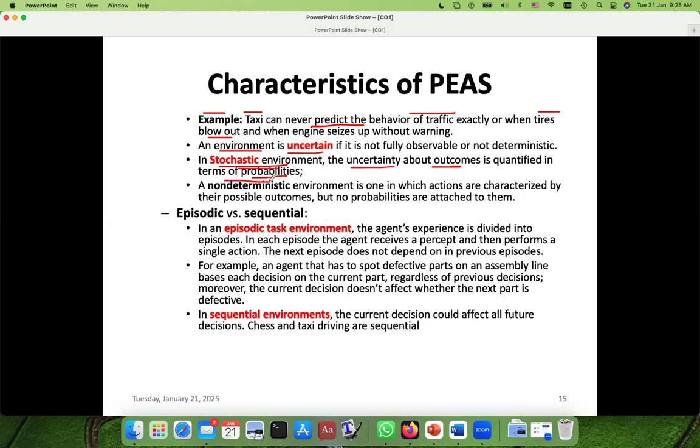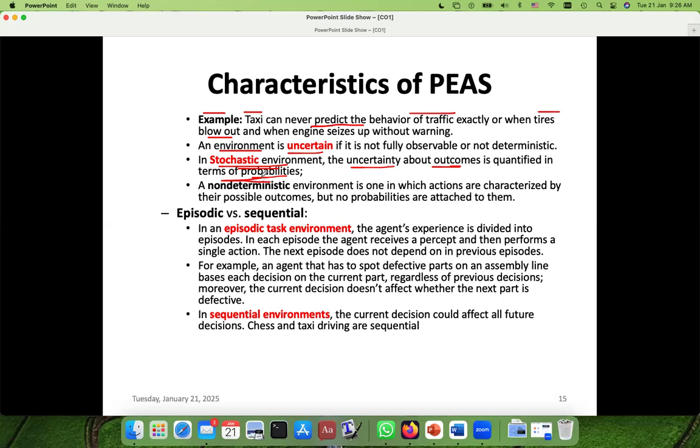What is a non-deterministic environment? Deterministic is one in which you can determine the next states, and an environment in which you cannot determine the next states can be non-deterministic. In the non-deterministic case, you cannot identify or calculate the next states. But if you are calculating probability values to calculate the next state, then it is a stochastic environment.